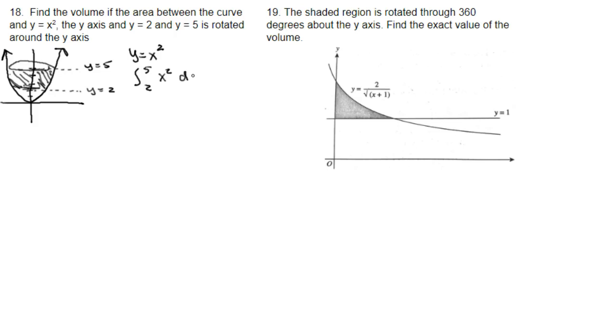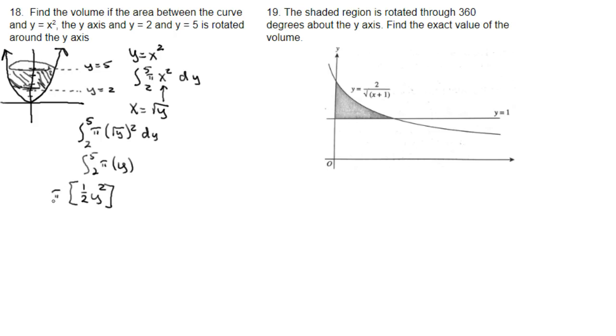and so it's going to be the square root of y is going to equal x, and so now I have to square that. Well, squaring a square root just gives me the original, so I'm going to end up with y, and now I've got to find the derivative of this.